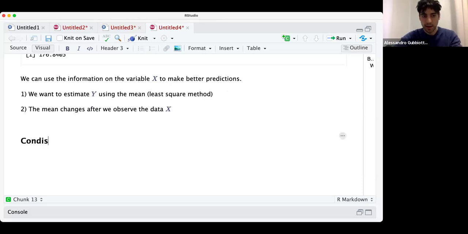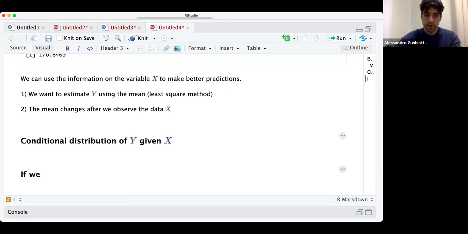Conditional distribution, let's say, conditional distribution of y given x.